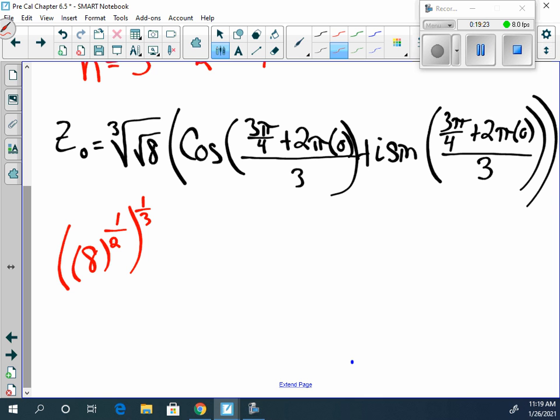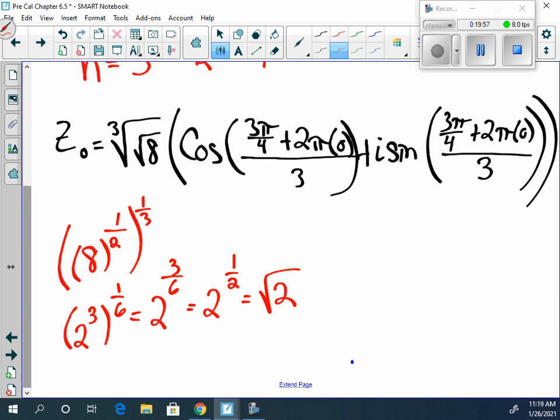And the cubed root would be 1/3, powers of powers multiply. So 1/2 times 1/3 would be 1/6. Now, 8 is the same as 2 to the what? Third. Well, again, powers of powers. So I have 2 to the 3/6. Well, 3/6 is what? Square root of 2.